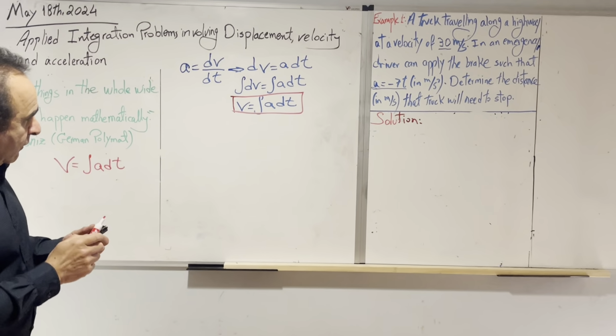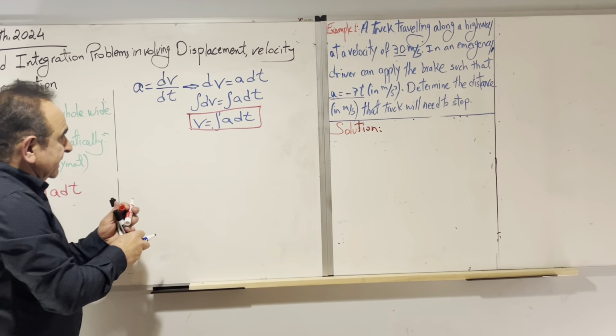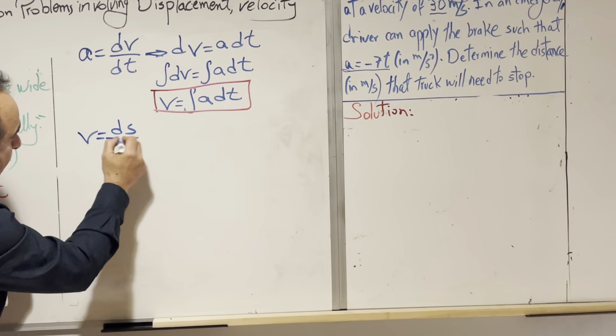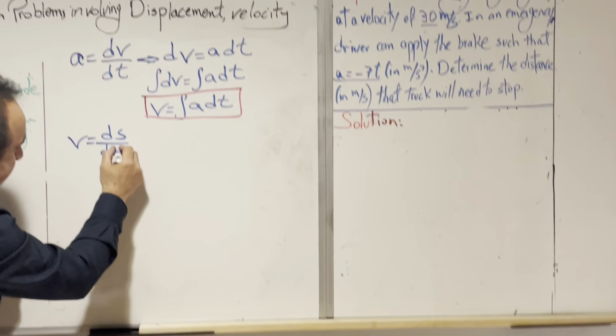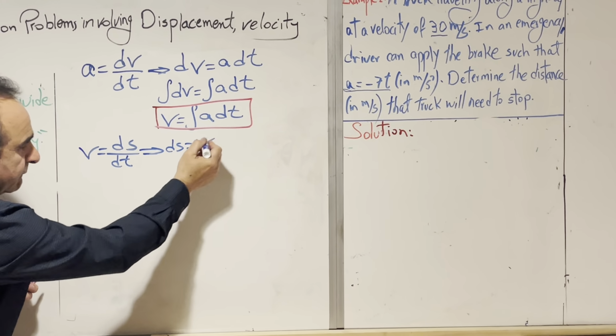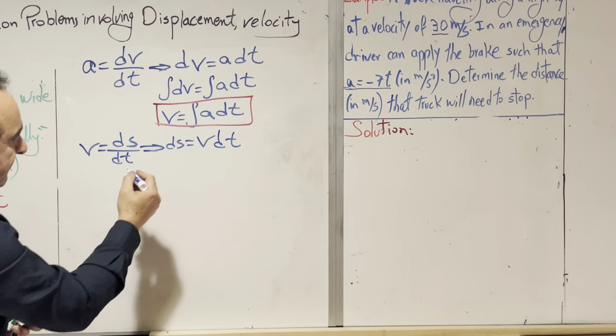We also know that velocity is the derivative of displacement. V is equal to ds over dt, or ds is equal to v times dt. We integrate both sides.